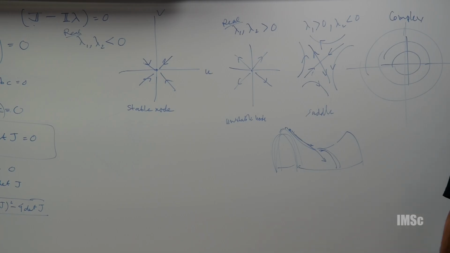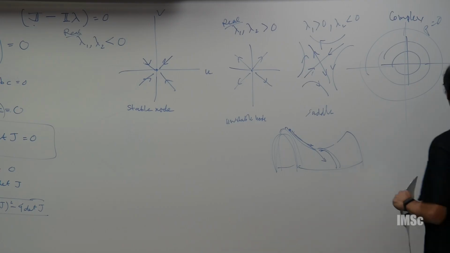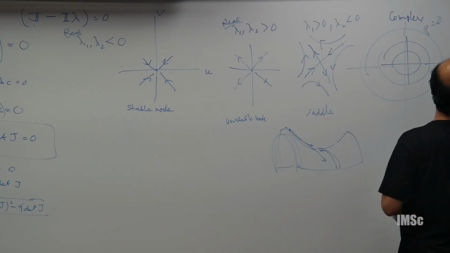And so you have something which is spiraling out. This is when p is positive. Similarly when p is negative, and this is when p equal to 0. And when p is negative, you have something which is spiraling in. Okay. So this is called a stable, unstable spiral.